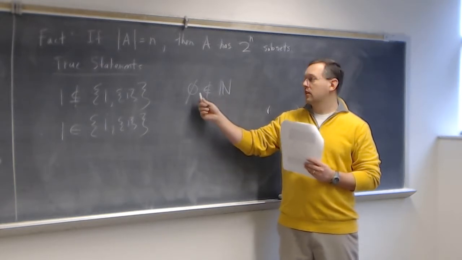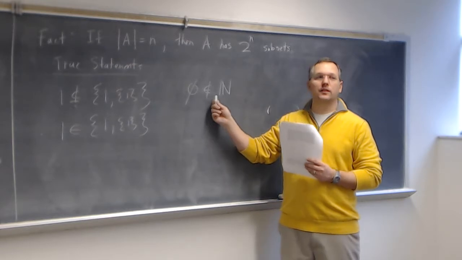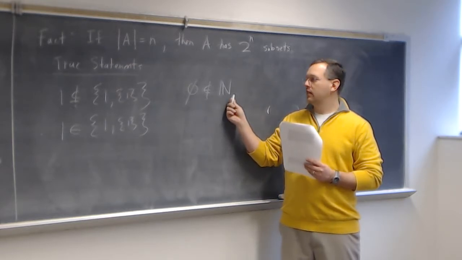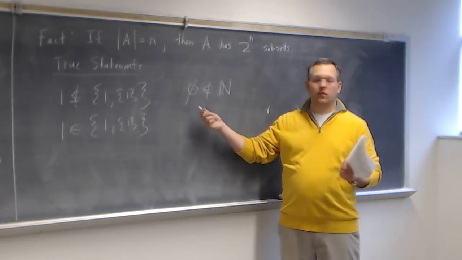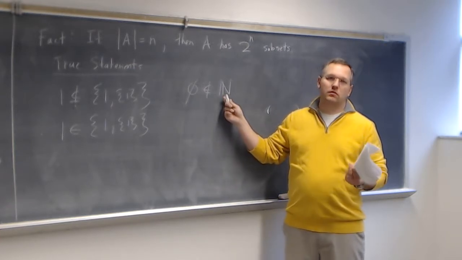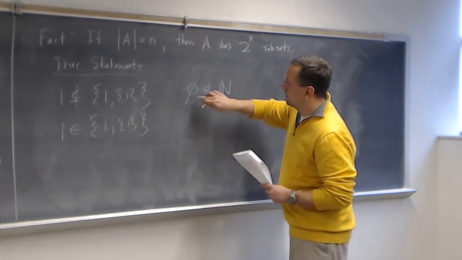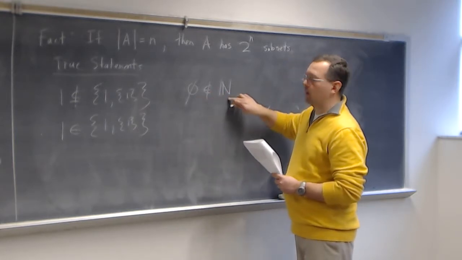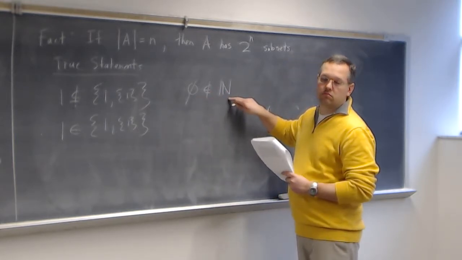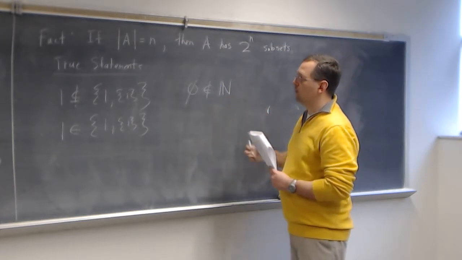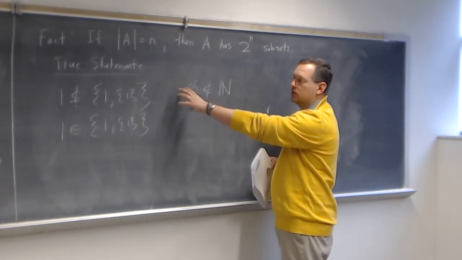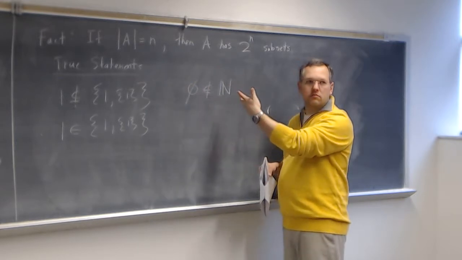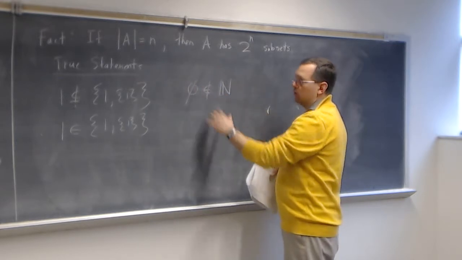They're not sets. So that's why this set is not an element of this set. Is the empty set a number? No, so it can't be a natural number. This says the empty set is not an element of the natural numbers. If you read it, maybe it makes more sense. The empty set, think of it as an empty box. Is an empty box a number? No. So this is true.